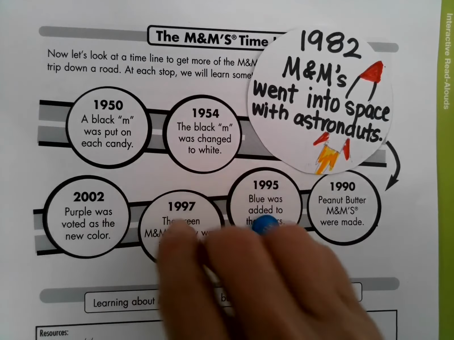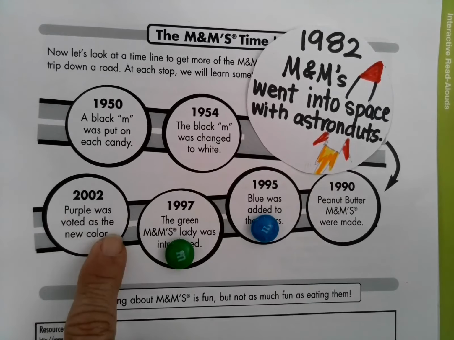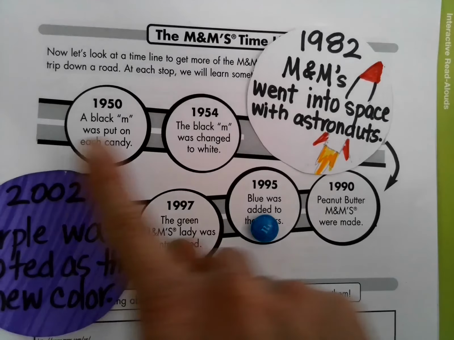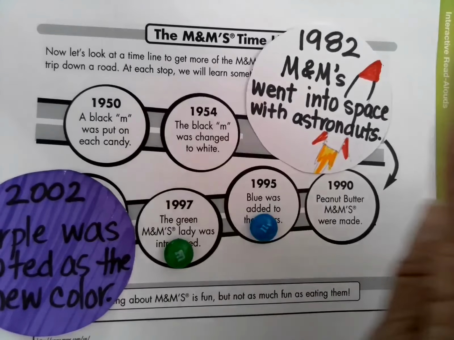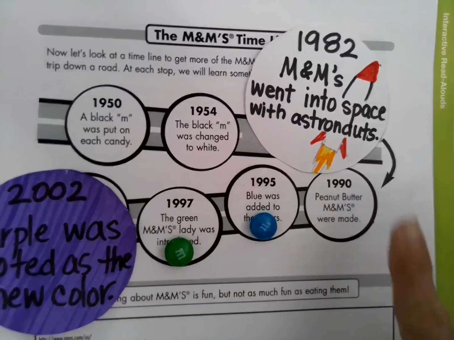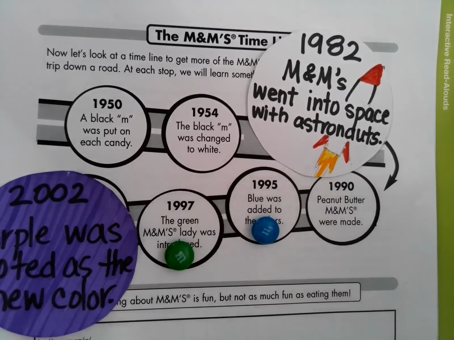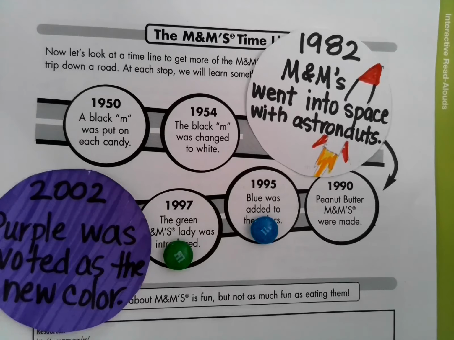Green M&Ms lady. And then in 2002, purple was voted as the new color. Wow, look at that. Black M, white M. Went to space, peanut butter M&M, blue M&M, green lady, purple. Well, that taught me a lot.